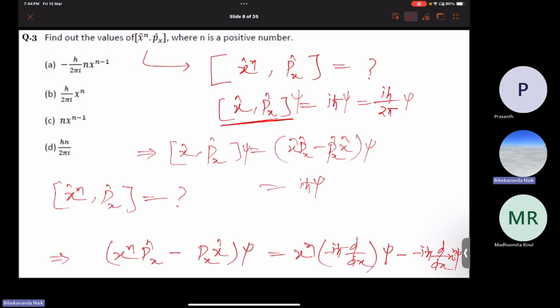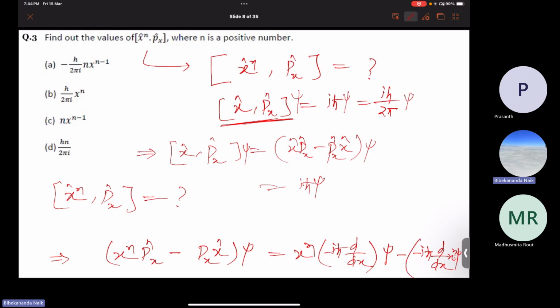So the first term will be minus i h cross x to the power n d psi by dx. Because here, if you operate it, x to the power n is outside, so it will be simply minus i h cross into x to the power n d psi by dx.